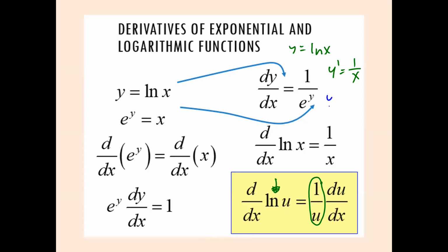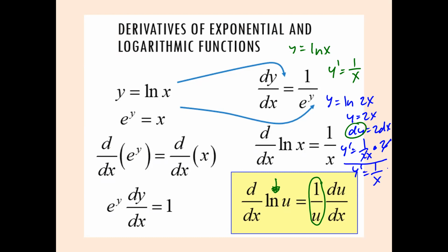Pag derivative naman ng y is equal to ln of 2x, so ang u natin dyan ay 2x, ang du natin dyan ay 2dx. So, we have y prime is equal to 1 over 2x times 2. Don't forget the du part. Okay, so cancel. So, y prime is equal to 1 over x.